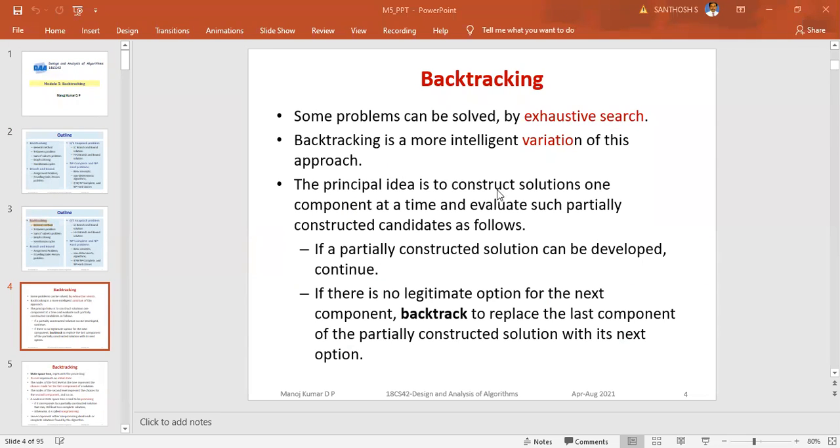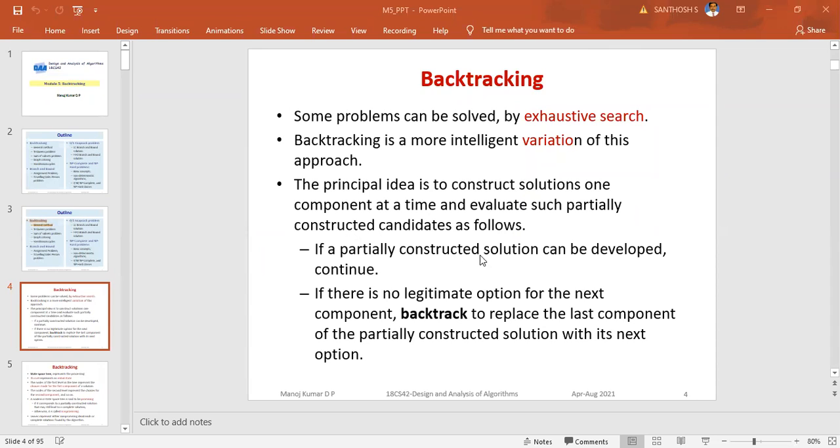So first, construct the solution one component at a time and evaluate partially constructed candidates as follows. You have constructed a solution for one component. There are so many components that need to be solved.